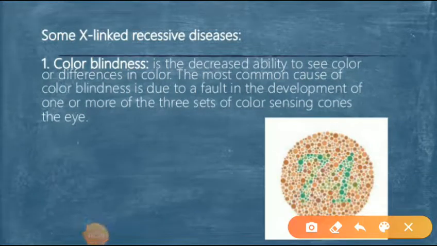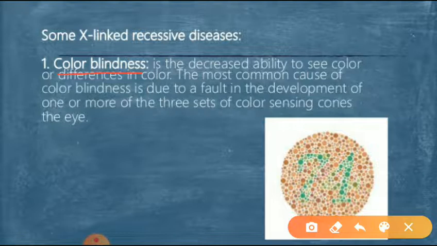First one, color blindness. It is the decreased ability to see color or differences in color. The person who has color blindness is not able to see primary colors like green and red, or is not able to differentiate the colors.